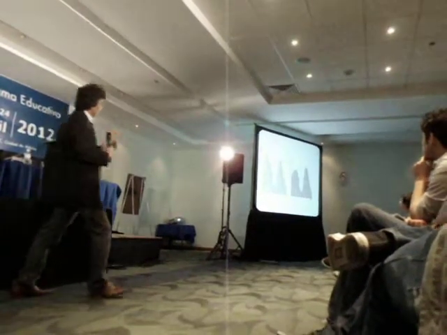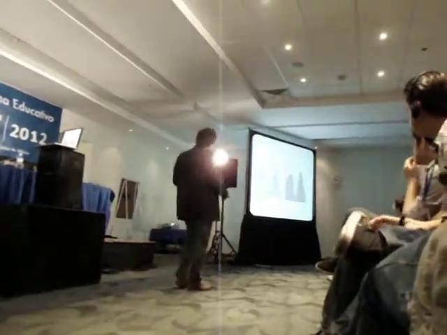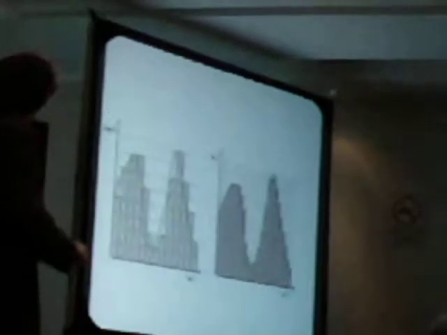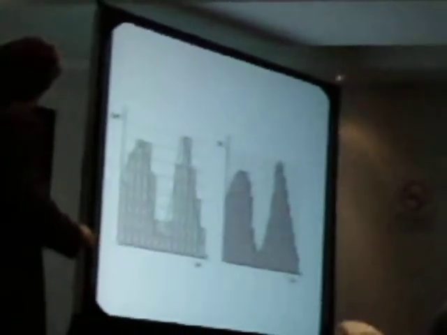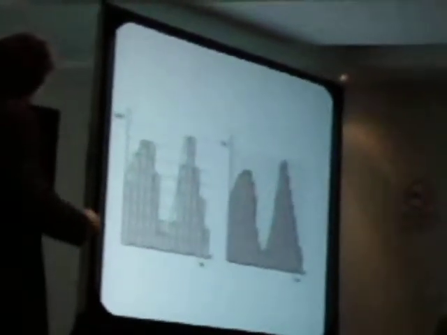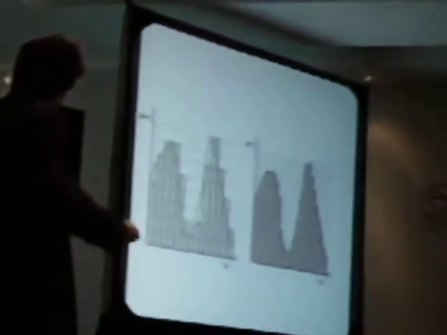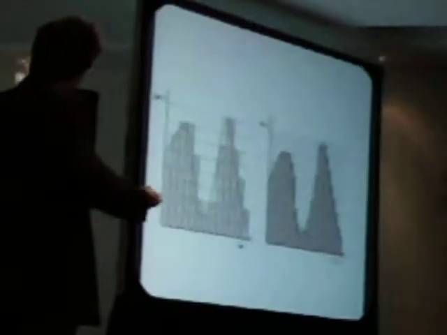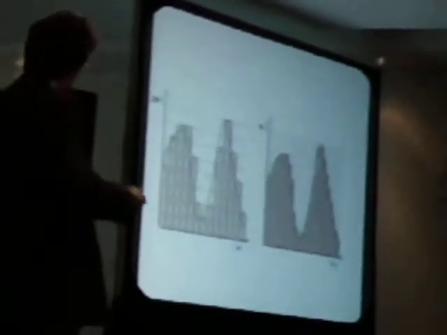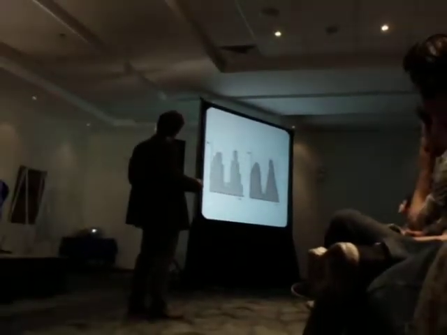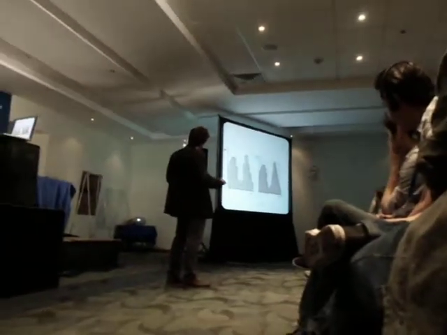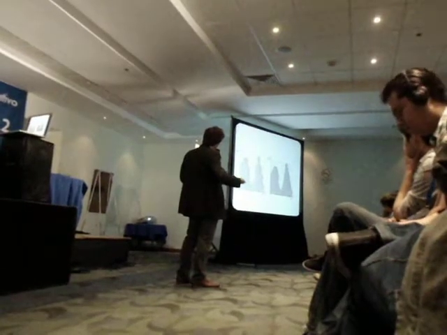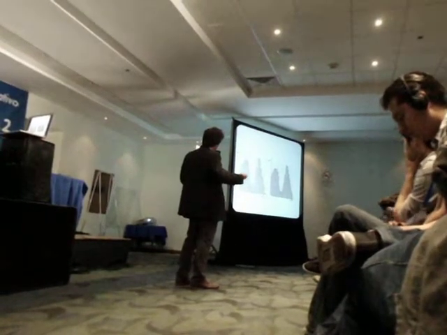Okay, so here's a better way to look at it. So we have this signal here, and we are measuring its amplitude at various different places, and we're measuring it at various different intervals. So here's the sampling rate, and here's the quantization level. The only way to make this signal better in places like this, and this, and this, and this, and this, is to increase our sampling rate and increase our quantization interval.